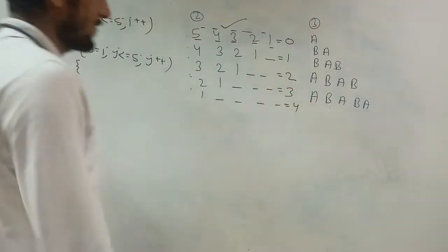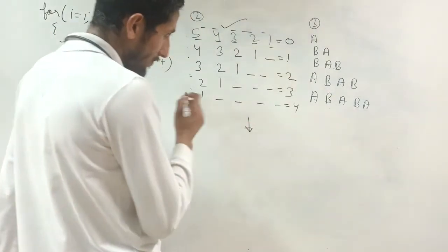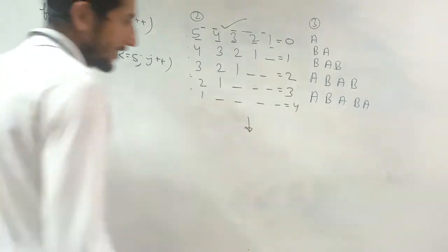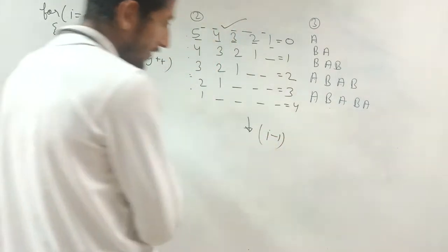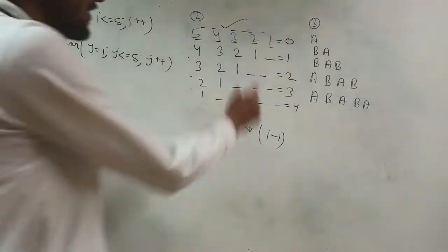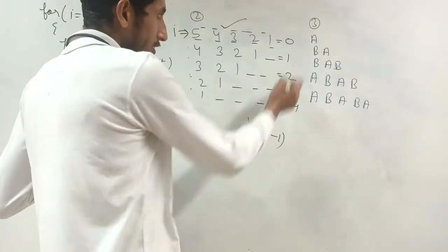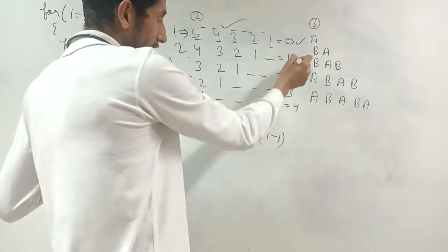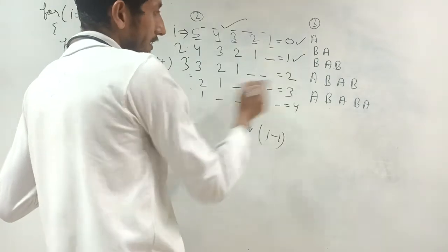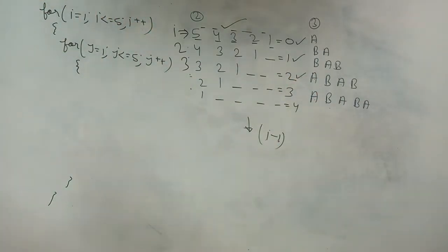So as the value of i increases, the number of spaces increases. How? i minus 1. Check here: the value of i is 1, so 1 minus 1 is 0, no space. The value of i is 2, 2 minus 1 is 1, so 1 space. The value of i is 3, 3 minus 1 is 2, like this. So the number of spaces to print is i minus 1, and the remaining is the content.